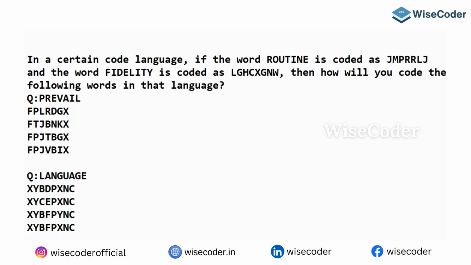Once you're done with your logic, your job is done. So pause the video and try to solve it for a few minutes so that you can get your answer. I hope you paused the video and tried it. So let me try.